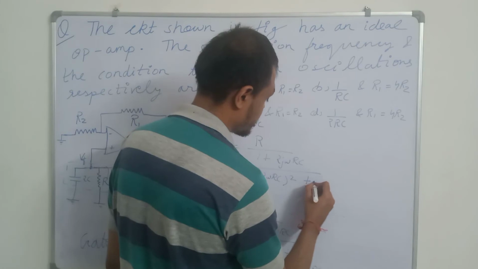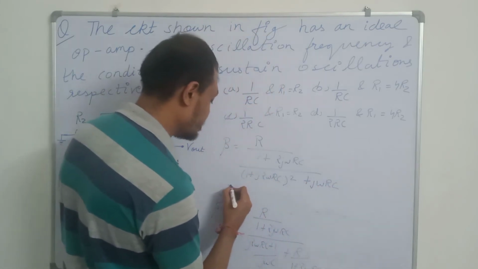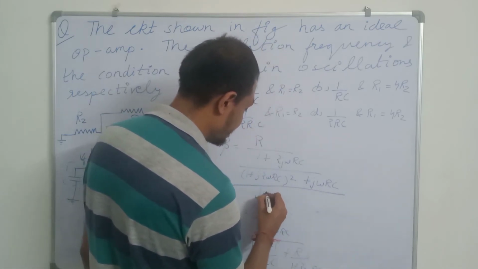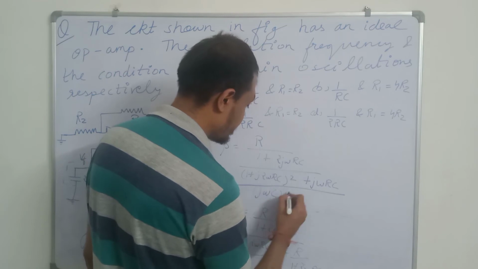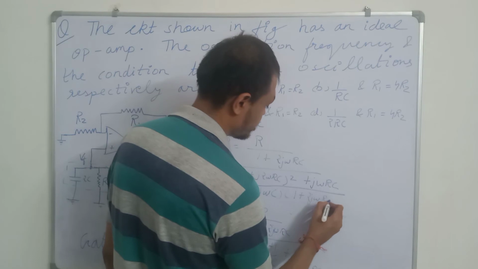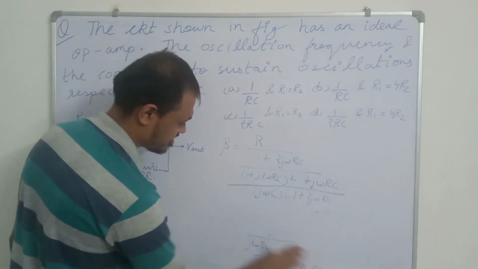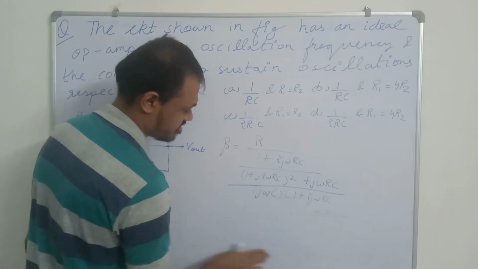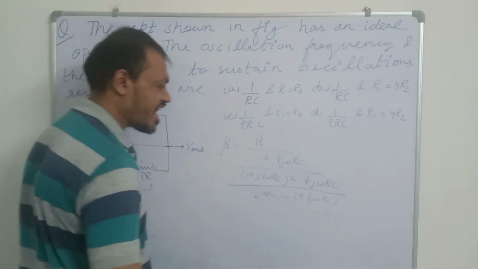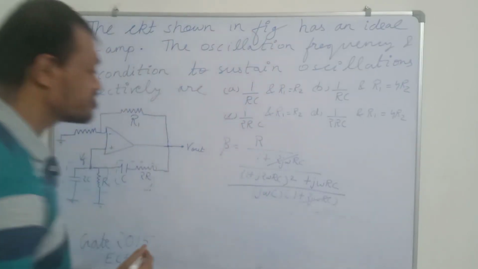The LCM will be j omega C and 1 plus 2j omega RC. So now 1 plus 2j omega RC and 1 plus 2j omega RC will get cancelled.